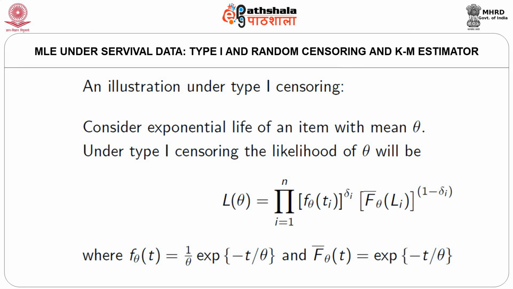Let us begin with an illustration under type 1 censoring. Suppose the lifetime of an item follows an exponential distribution with mean theta.